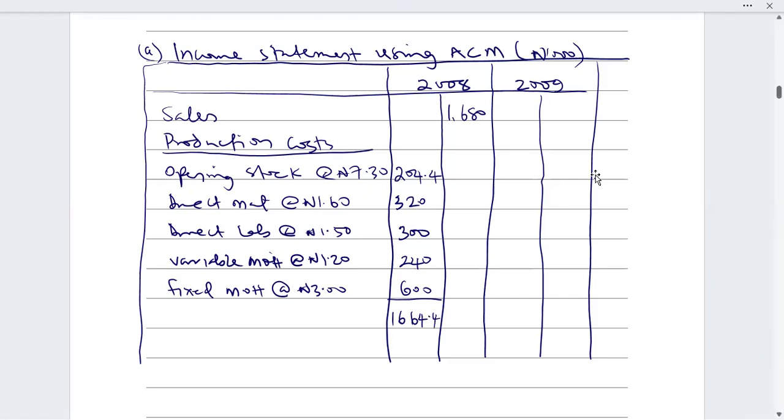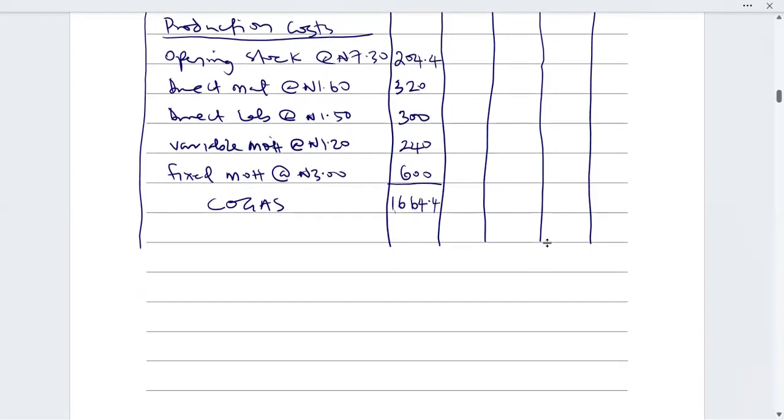So this 1,664,400 naira is called cost of goods available for sales. That's your COGAS. So immediately after COGAS, we need to consider closing stocks. Don't forget, closing stock will be valued at total cost per unit, and total cost per unit is 7 naira 30 kobo.